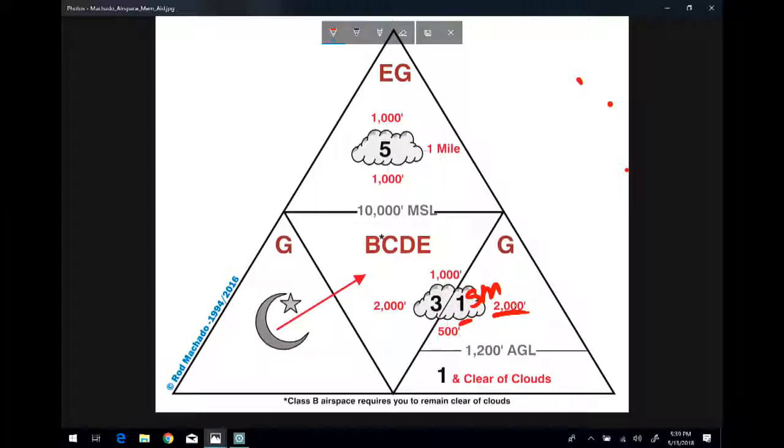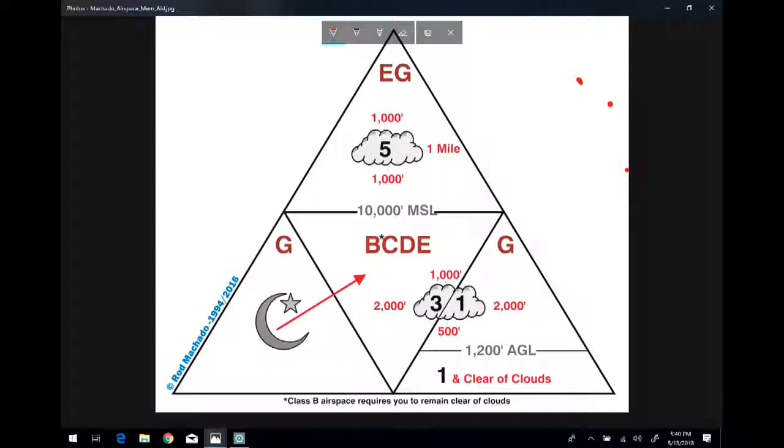They share this cloud just to make the drawing easier. Okay? So Class Golf in the day, 1 statute mile visibility and 500 feet below, 2,000 feet horizontal, 1,000 feet above. Okay?